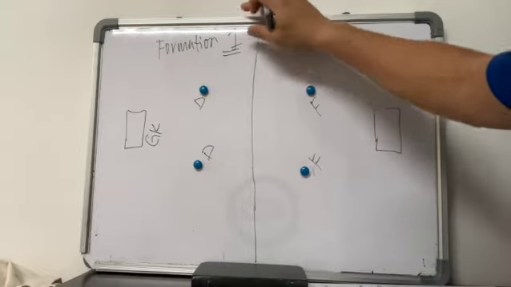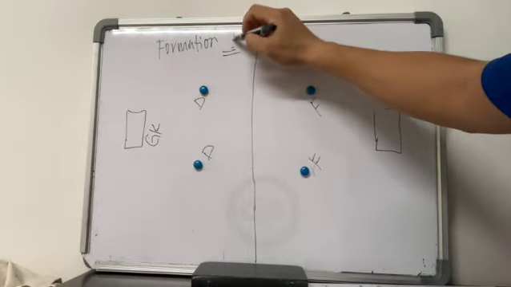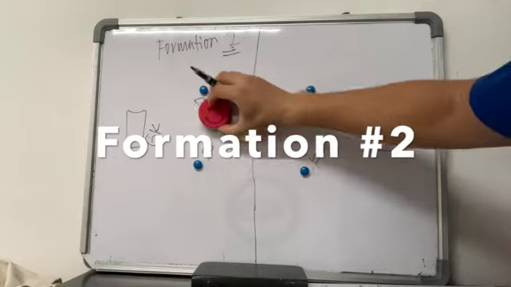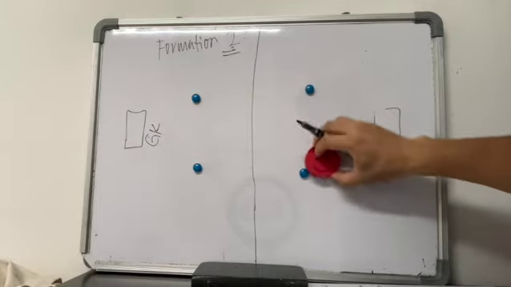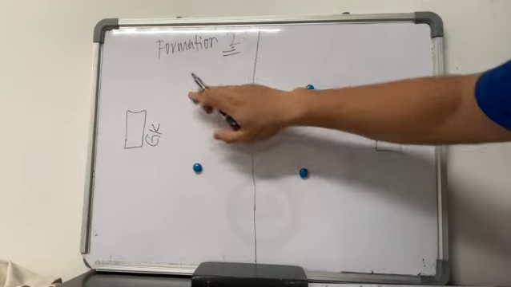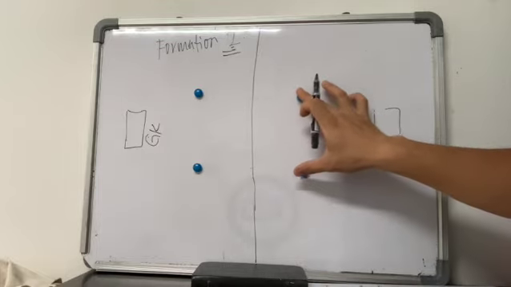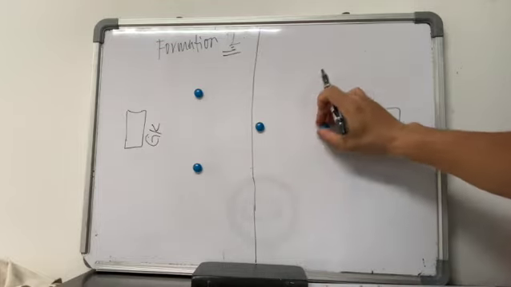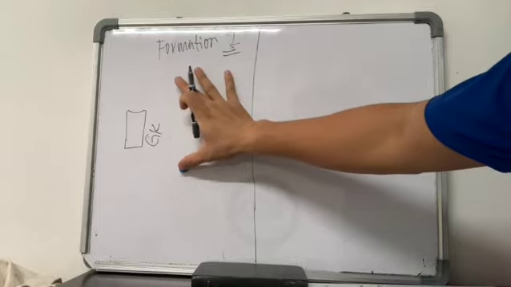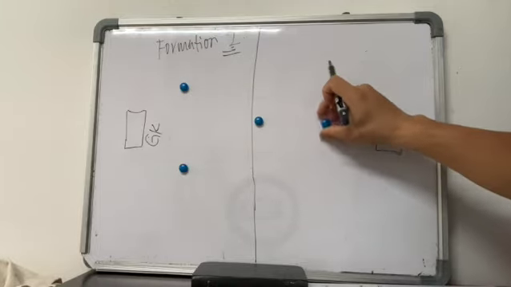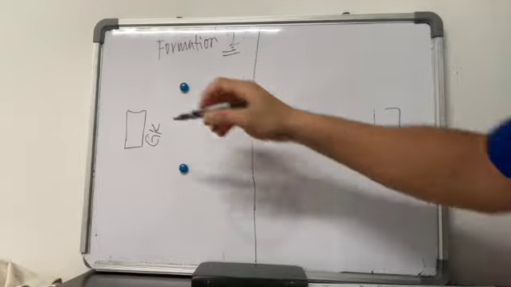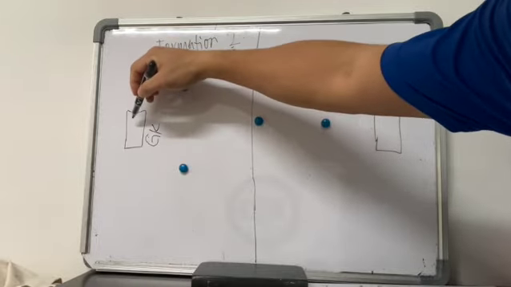The next formation, formation number 2, would be the Y formation. But for the Y formation, you actually have 2 different Ys. This is the first version, the first Y. You can see that this is our goal area.